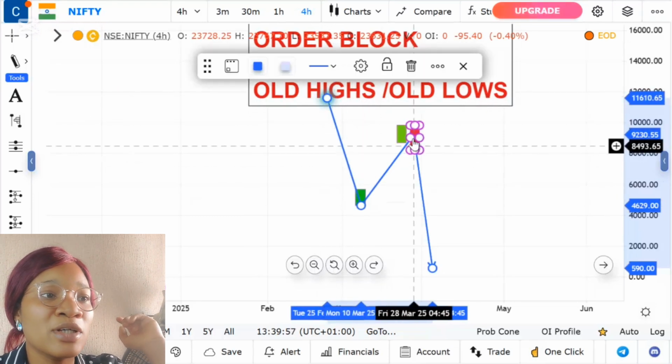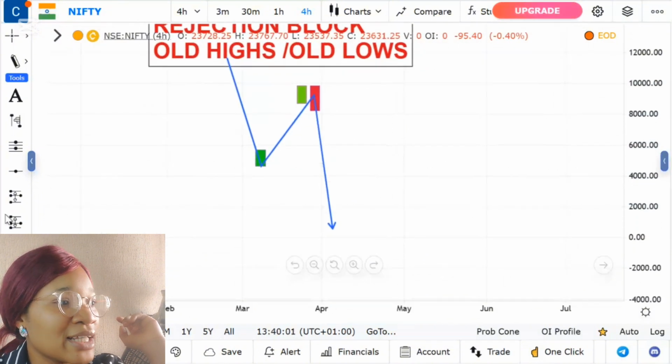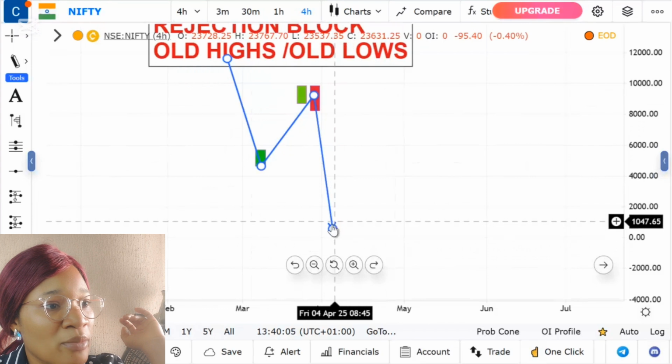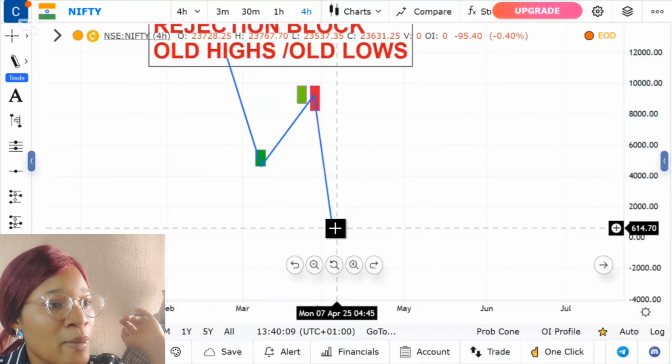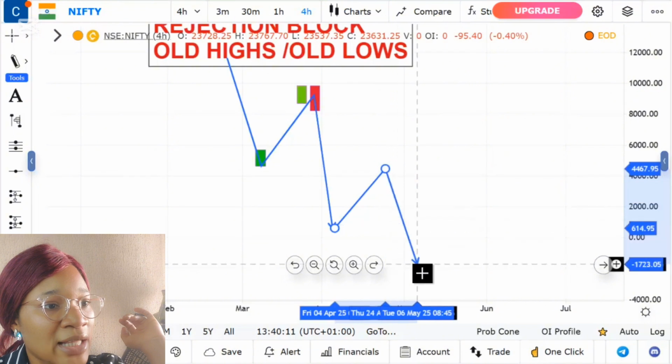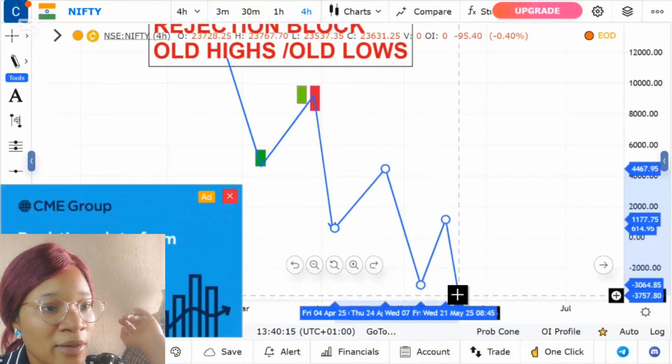We just want price to keep on breaking our lows. So when price has done something like this, of course we'll be expecting that price will come here, from here, continue to give us something like this, and so on.